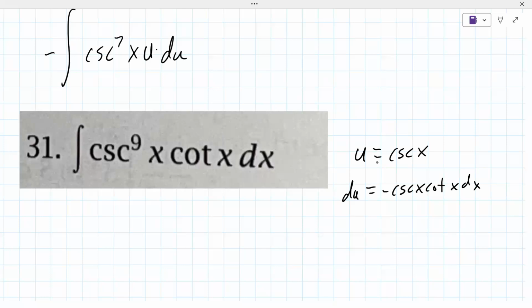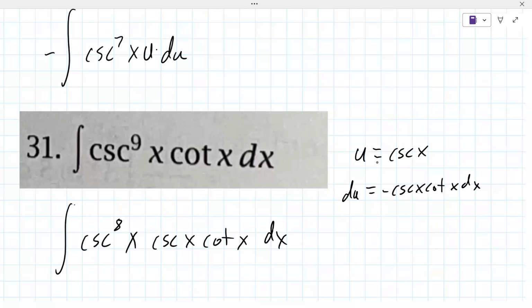So what happens to the cosecant in the bottom whenever I work it out? Okay, so you're asking about that. This one is, like I said, a little bit more complicated. You can rewrite it as cosecant to the 8th power of x times cosecant x cotangent x, and then it'll cancel out.